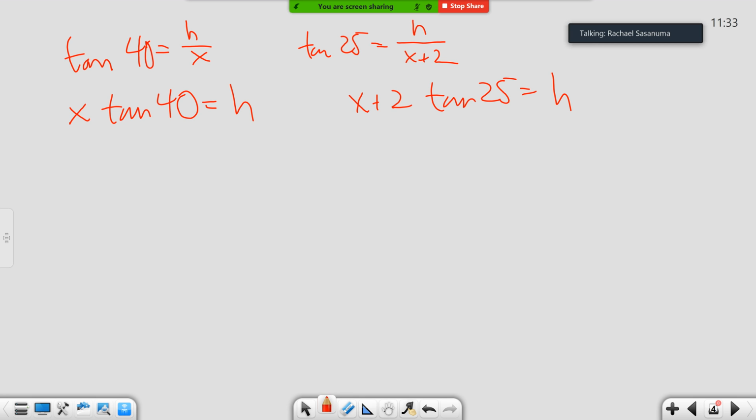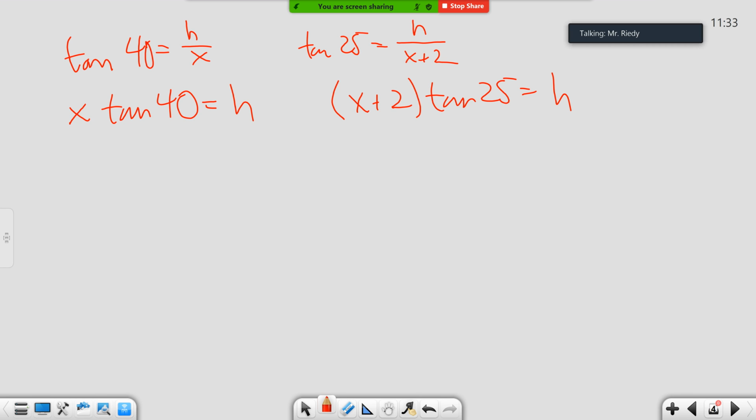I think it has to do with the x plus 2. You are correct. Could you be more specific? I don't think you could have it like that. I think you need parentheses around it. Well done. Good. Okay. Those parentheses are crucial because without the parentheses, the only thing I'm multiplying by the tangent of 25 is the 2.